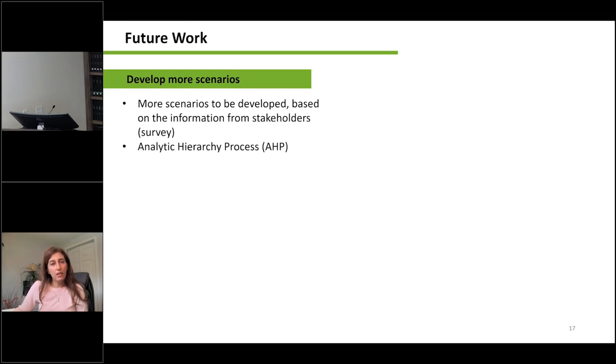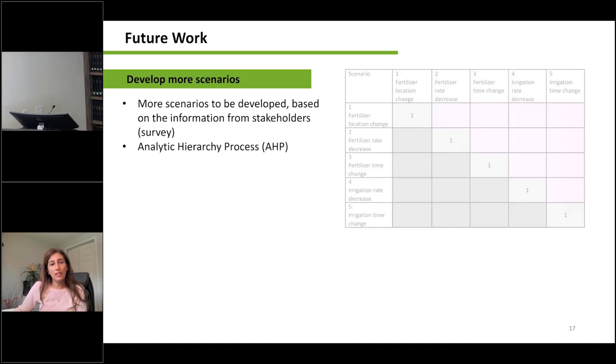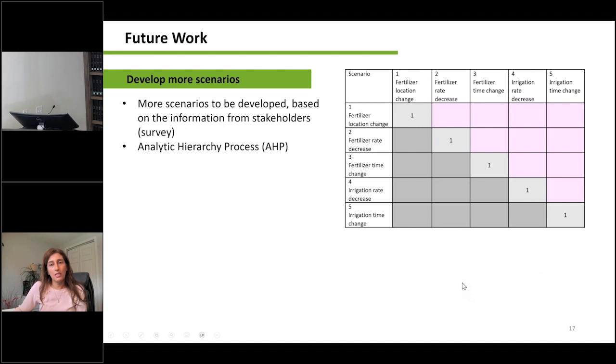What we are doing, we started to do, and we are going to do in the very near future, is to develop more scenarios. Based on the information that we get, we are working on comparing them to see how important the different scenarios are and how acceptable they are.